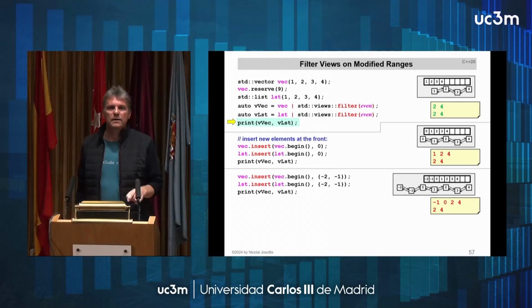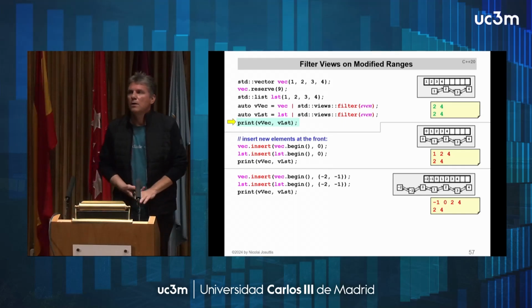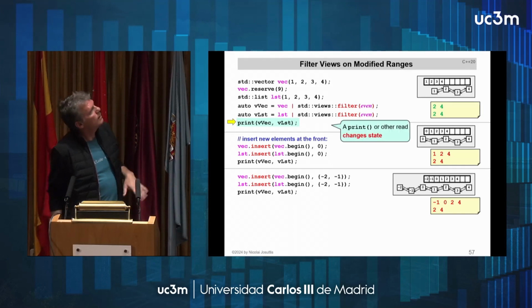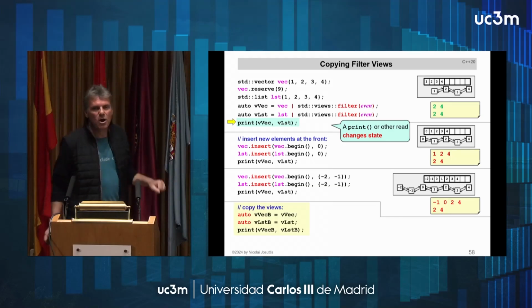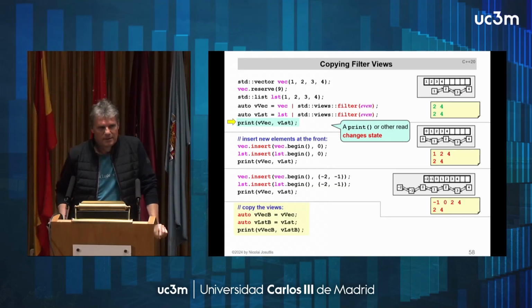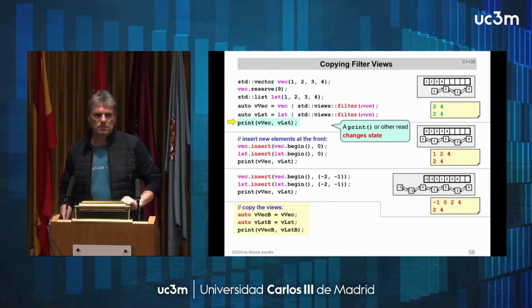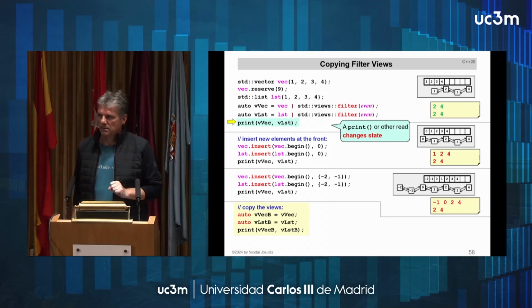Now, can we fix that? The usual question I have now is, well, can we uncache somehow? Well, you can copy the views. If we copy a view, we have a problem if that is an iterator. But it's not a problem if it's an offset.